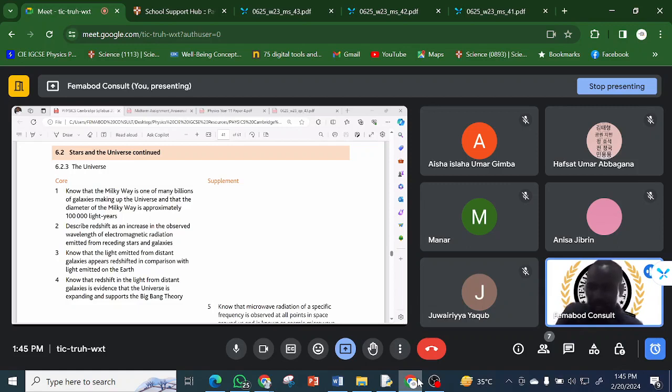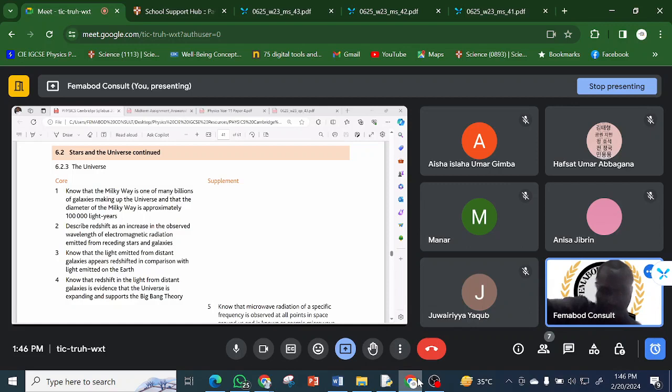So now the redshift is telling us that the observed wavelength of electromagnetic radiation that is emitted from stars that are moving away from us, some stars are moving away from us, so they now observe that the wavelength from the radiation of those stars is now increasing, moving from the lower part of the spectrum to the red part of the spectrum.